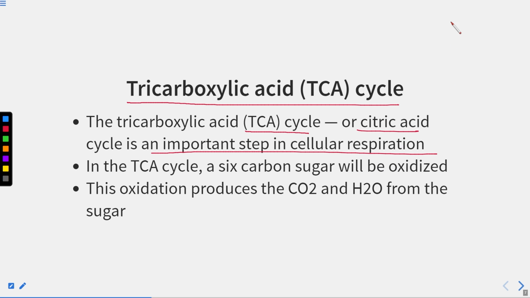First of all, suppose this is the cell, this is the nucleus and this is the mitochondria. Food is there in the form of glucose, a 6 carbon compound, and oxygen is there.